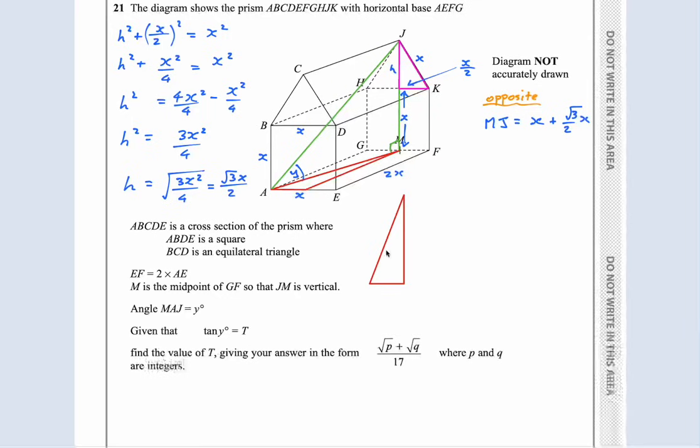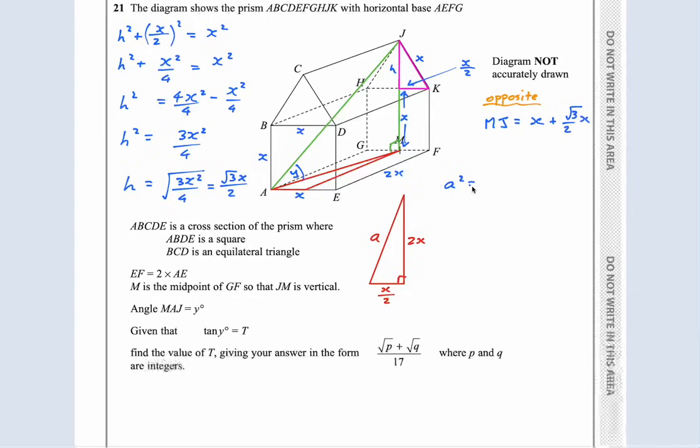I'm trying to find this here. Let's call it A for adjacent. This is 2x, because this length here is 2x. And this length, by the way, guys, I'm well aware this question is super duper hard, is x over 2 because it's half of x. So we need to find A. This is a right angle, so again, we're going to use Pythagoras.